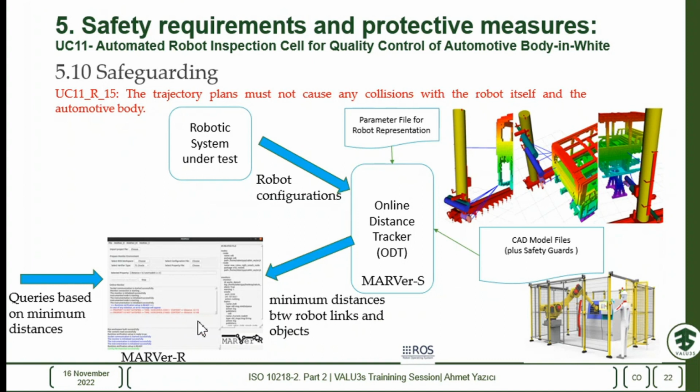This is an online monitoring system that checks, at each time, all the distances between the robotic platform and the other objects in the environment. In this setup, all these objects are static. I will mention the dynamic one, the human, in the upcoming slides.